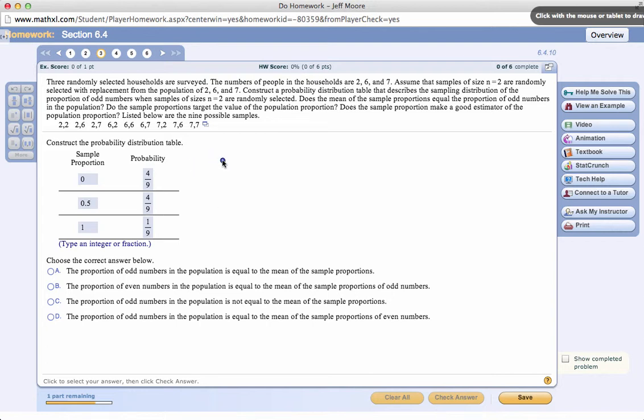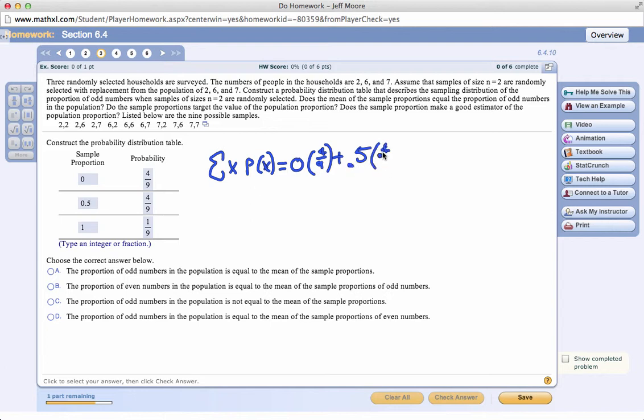So the formula is the sum of the values of the random variable multiplied by their respective probabilities. So first one we have is 0 times 4/9, plus 0.5 times 4/9, plus 1 times 1/9.